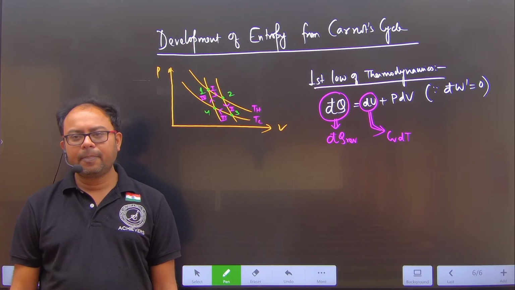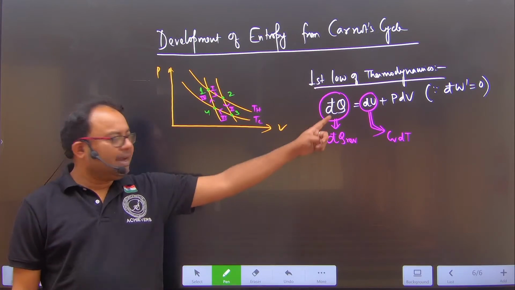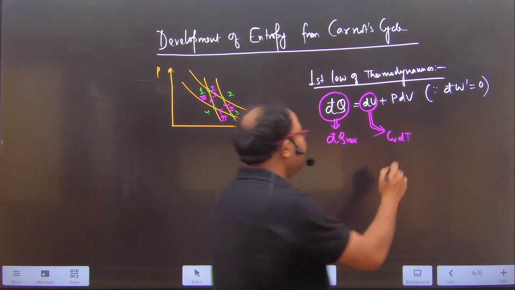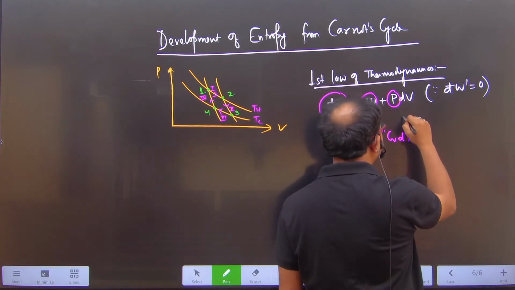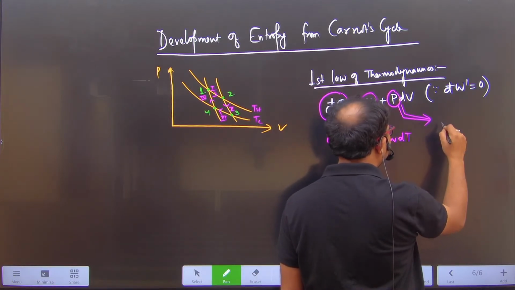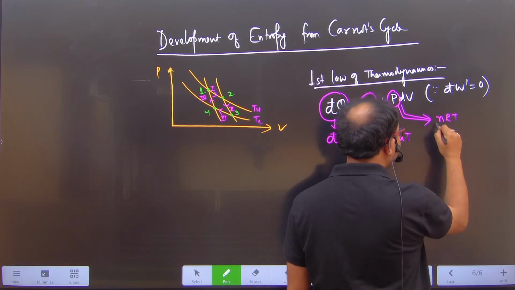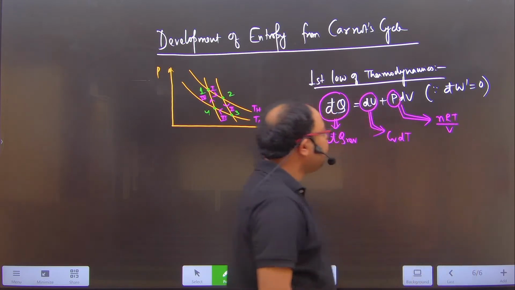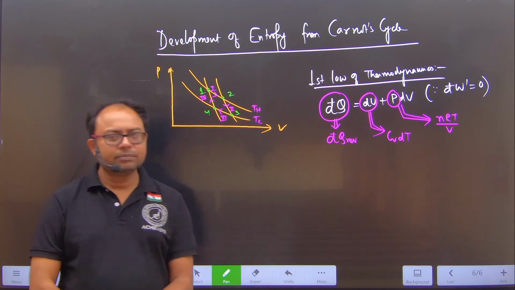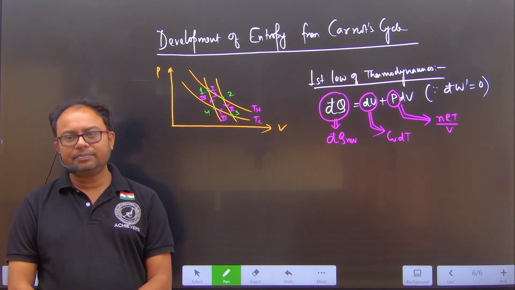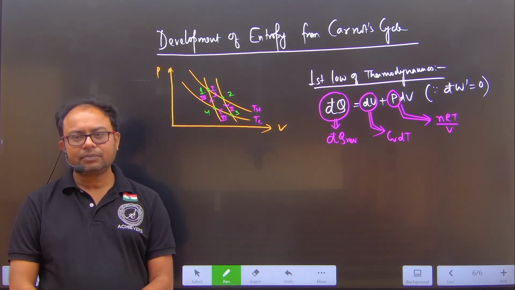And again, for an ideal gas, we can write P to be equal to nRT by V.